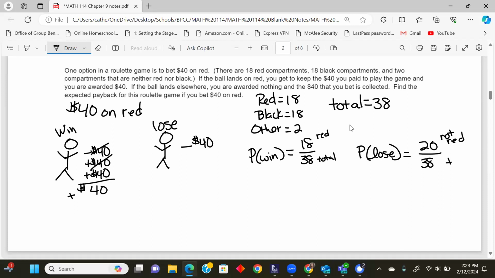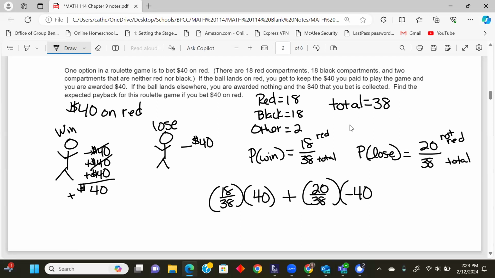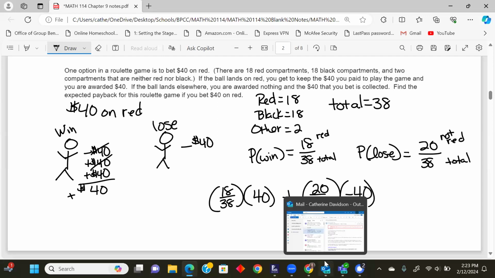And then 38 is the total. The probability you win is 18 out of 38. If you win, you are up $40. We're going to add this to the probability that we lose, which is 20 out of 38. And if you lose, you are down or negative $40.